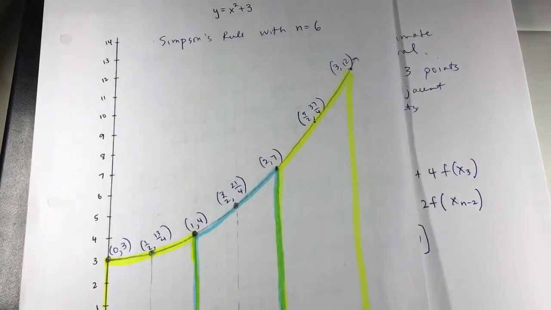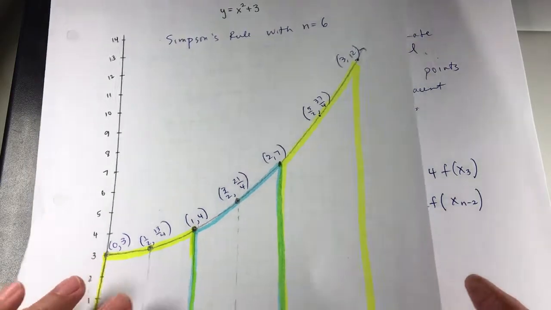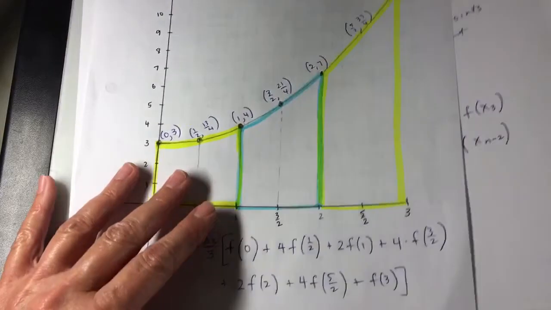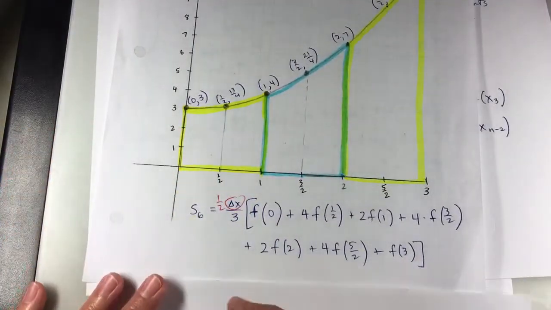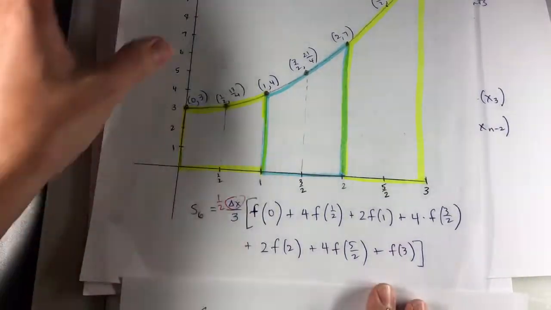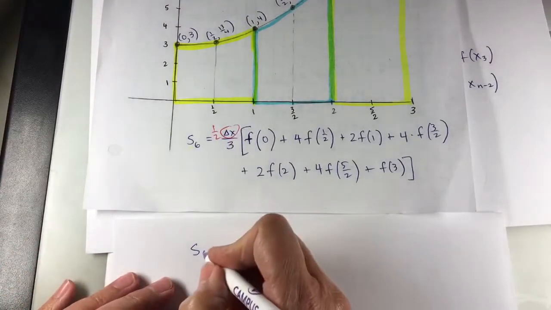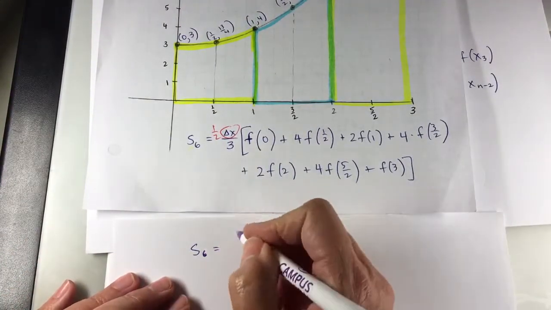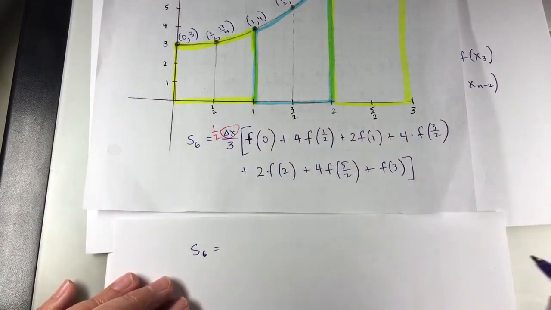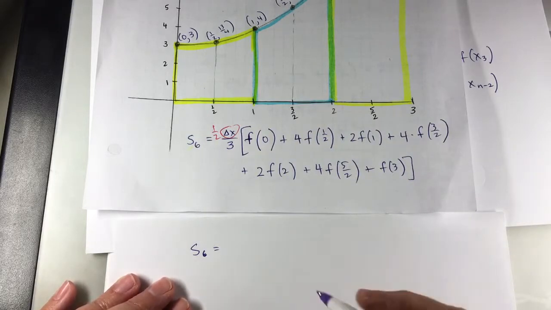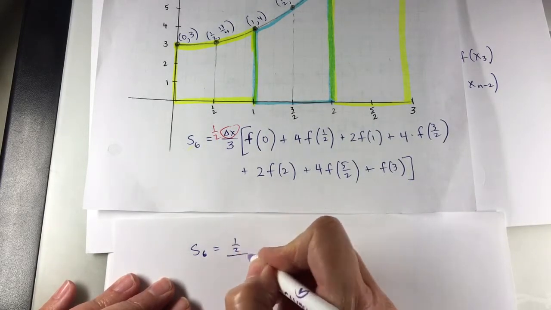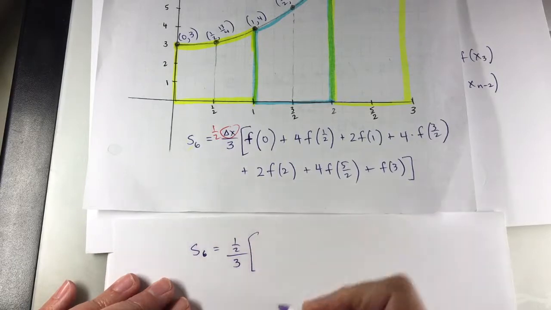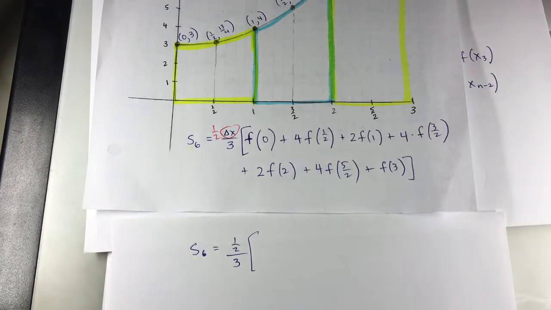Okay, I did tell you to take your calculators out at the beginning of class, so we're going to go ahead and calculate this one with the calculators. This will be S sub 6. I'll write this out and you can start plugging it in. Well, I have 1/2 over 3. What is 1/2 over 3? That would be 1 over 6.